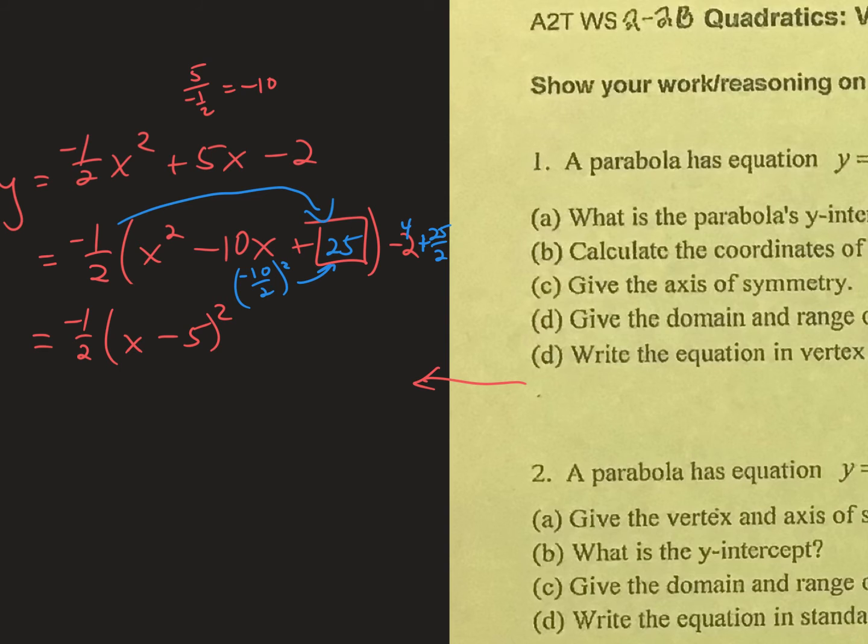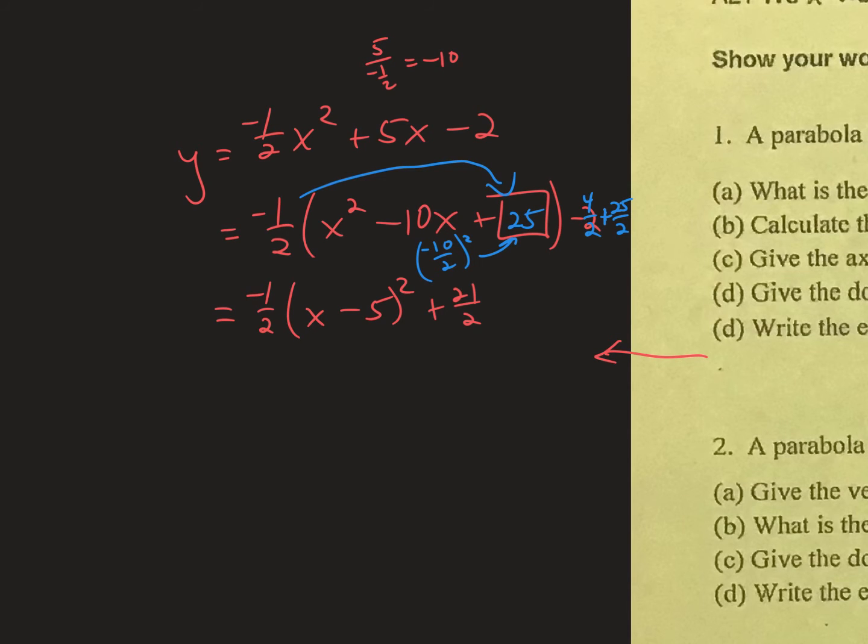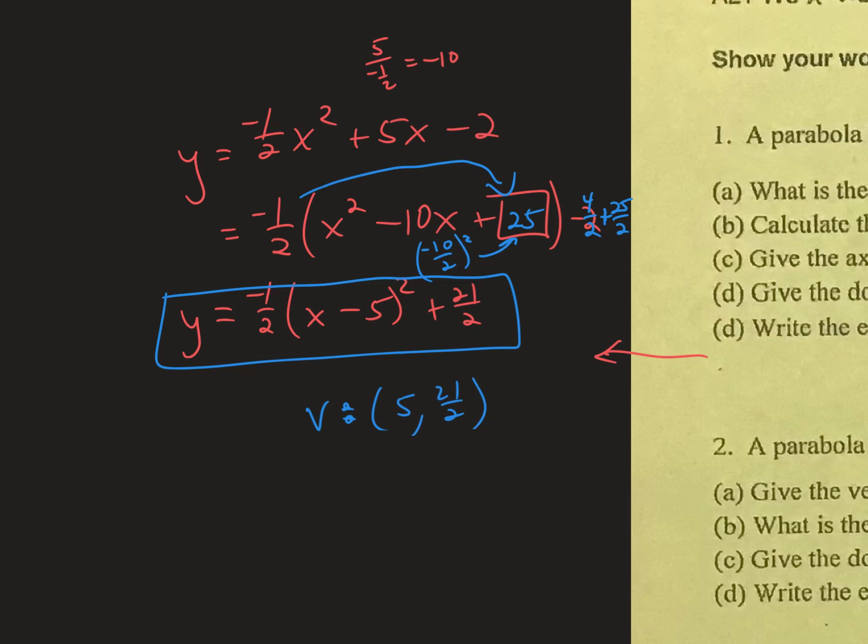And that 2 becomes 4 halves, and so that becomes a positive 21 halves. And there we go. That's in vertex form, so you can see the vertex is still (5, 21/2), either way that we do it.